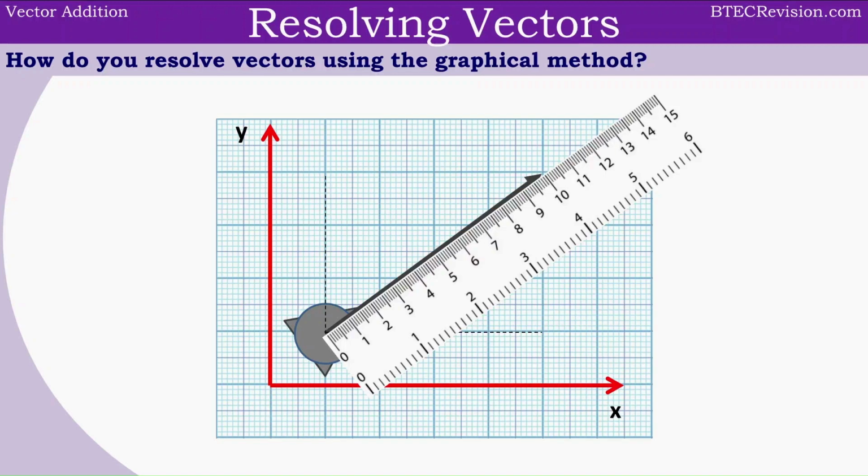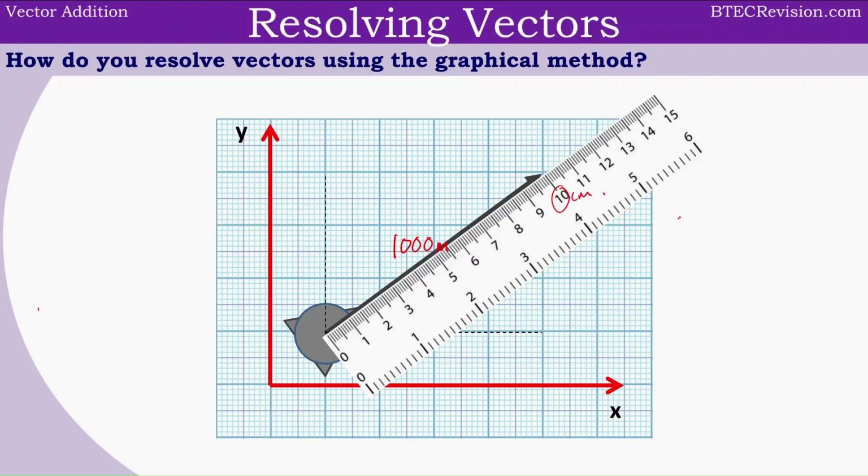Let's start by drawing our spaceship on graph paper. And we can place a ruler next to our vector, which we named to be 1,000 meters. Placing the ruler there, we can see the length of that arrow is 10 centimeters.